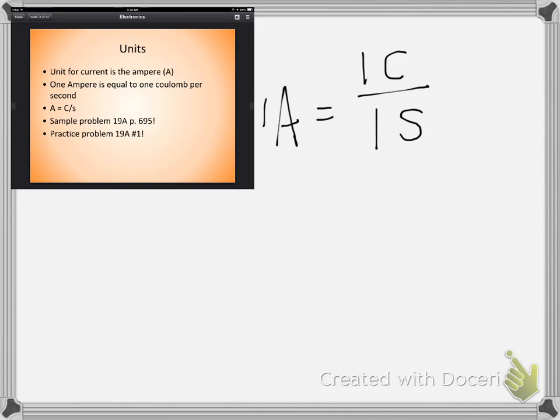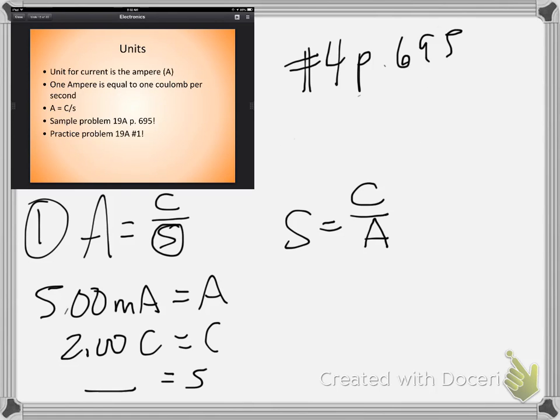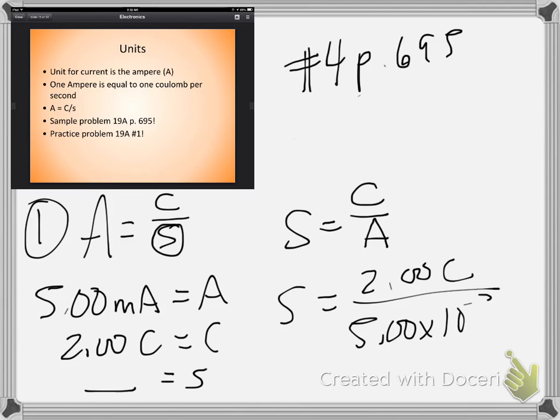Okay, so let's look at page 695, 19A. Number 1 on 695: 5 milliamps of current. How long does it take for 2 coulombs of charge to pass a point in the wire? We rearrange to solve for time, in seconds, and that gives us 2.00 coulombs divided by 5.00 times 10 to the negative 3 amps.